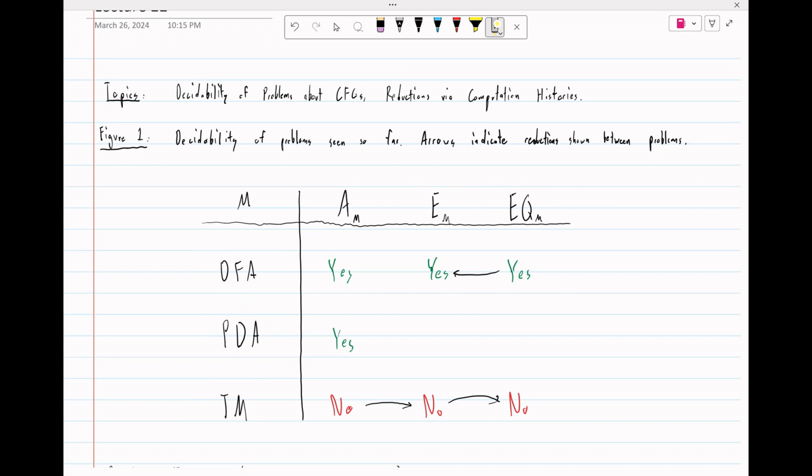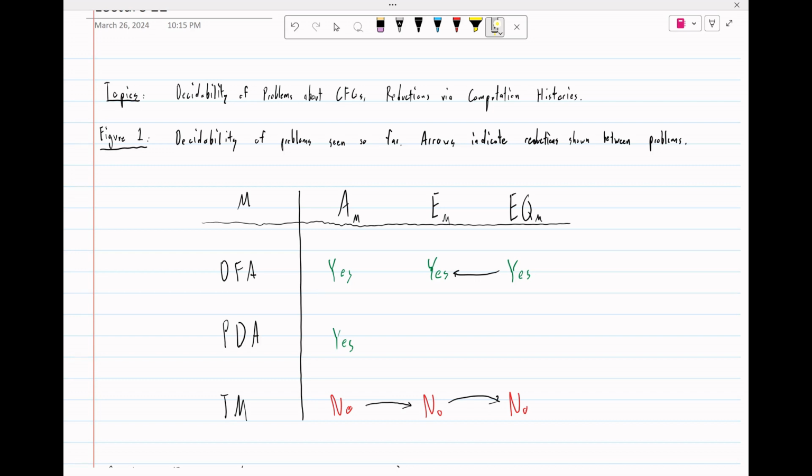And we started looking at how to determine the decidability of these languages using reductions, a way of extending the decidability and undecidability results that we already have.